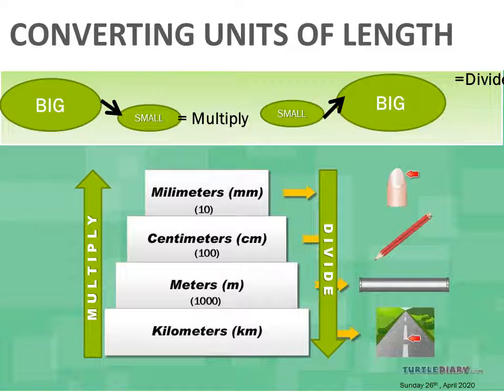Okay, what about kilometer to meter? Kilometer, look at the block for kilometer is big. The block for meter is smaller. So kilometer to meter, which one are we going to use? Big to small or small to big? Good job, big to small. So now big to small, we will multiply.